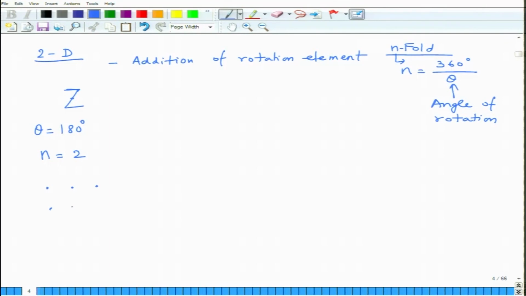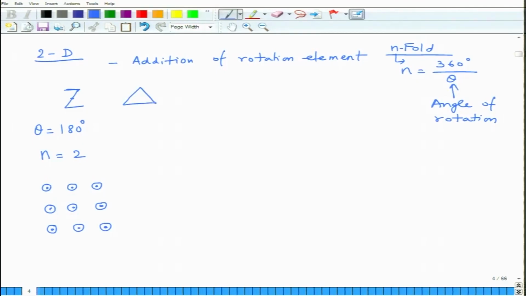Let us say I make a 2D lattice like this. If I make this an object or basis, so let me first complete this part. This is a 2D object.